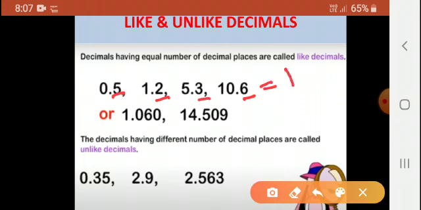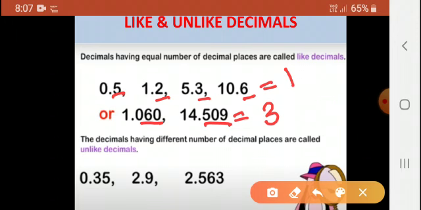In this example also, 1.060 and 14.509 are like decimals because they have the same number of decimal places, that is 3. Decimals having different numbers of decimal places are called unlike decimals.